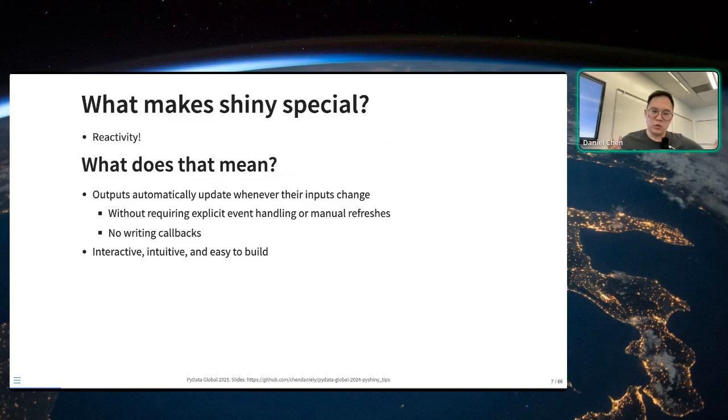So for those who have never heard of Shiny for Python before, I'll sort of set the stage about what really makes it special. Like I said before, it's about reactivity. And so what does that mean? It means that outputs automatically update when their inputs change.